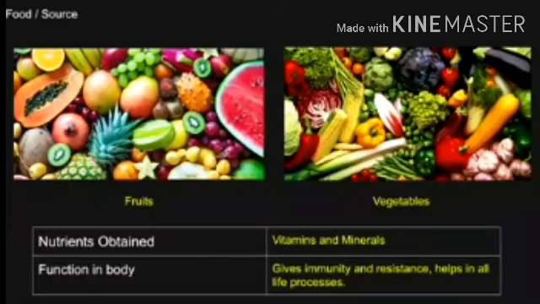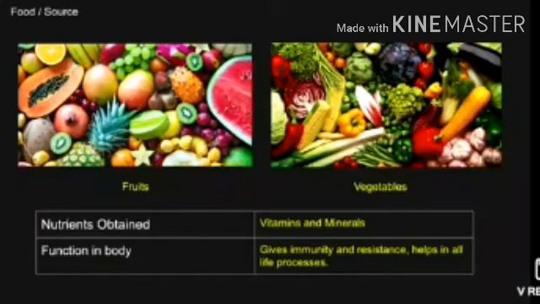Nutrients obtained from fruits and vegetables are vitamins and minerals, which are very important to give immunity and resistance, and help in all life processes. All constituents of food, carbohydrates, fats, proteins, vitamins, minerals, fiber and water, are necessary for the proper growth of the body.